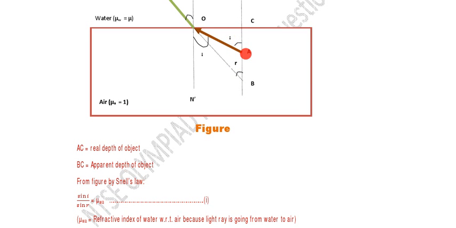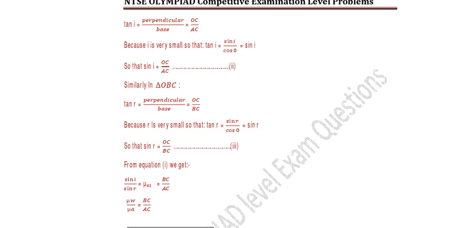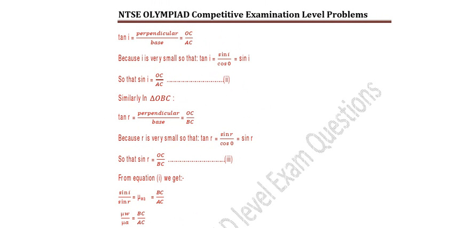So perpendicular is OC and base is AC. So tan i is equal to OC by AC. Again I consider i a very small angle. Now because i is a very small angle, tan i is equal to sin i. So I will get sin i is equal to OC upon AC.